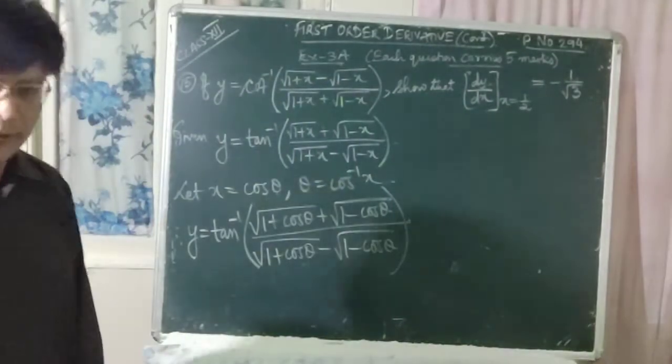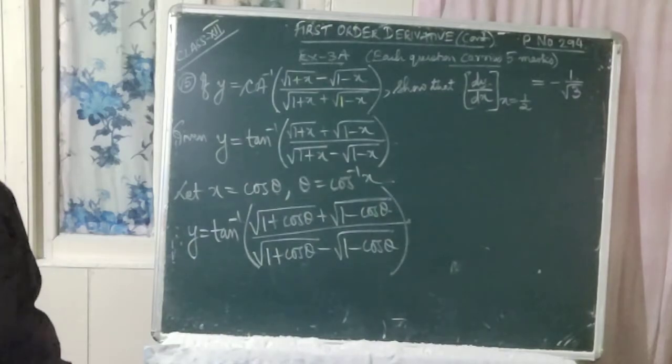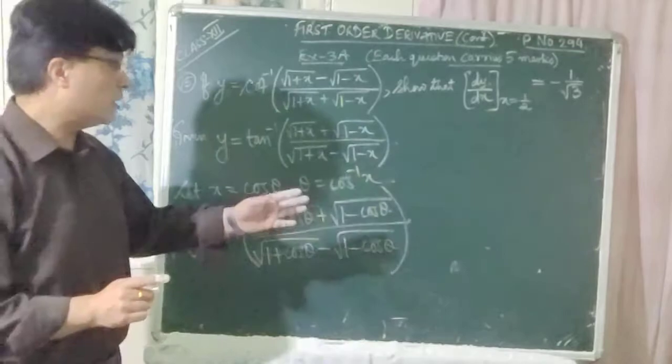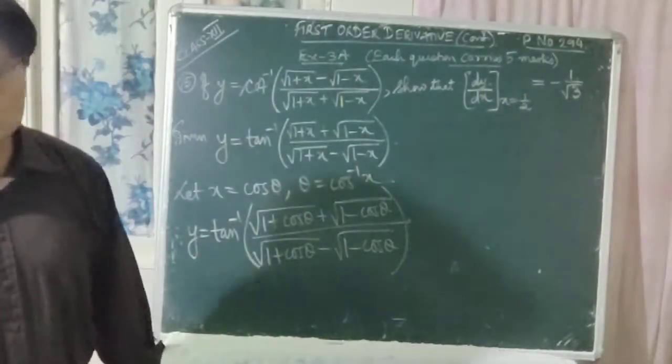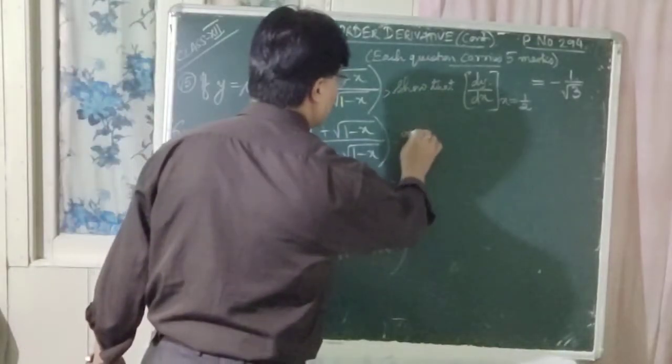So this is the expression, right? And what is the formula for 1 plus cos theta? You know that, it is 2 cos square theta by 2. And 1 minus cos theta is 2 sin square theta by 2. Is that clear?